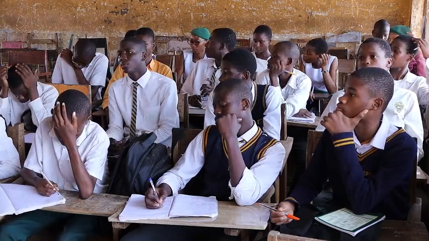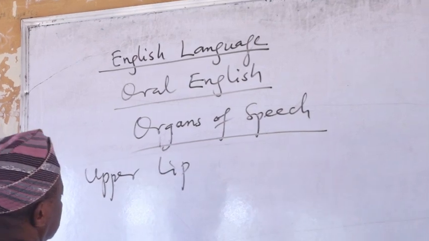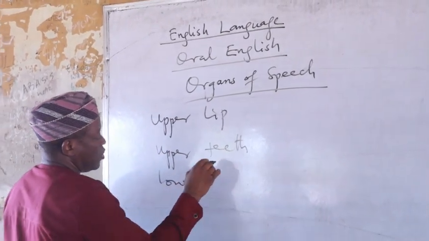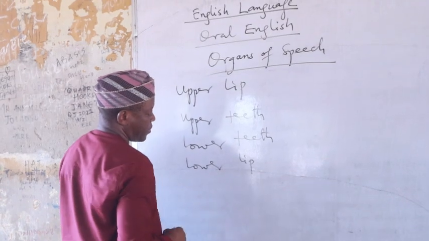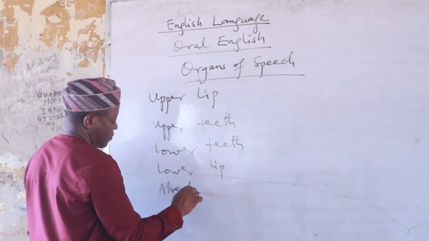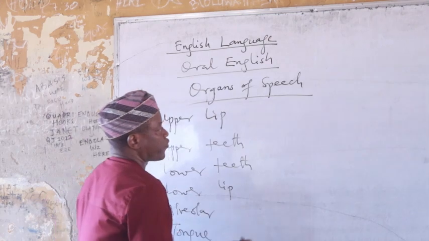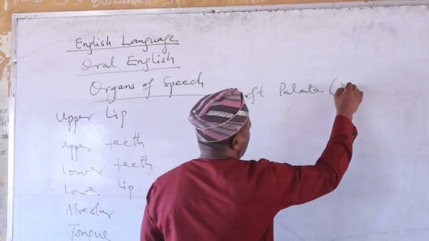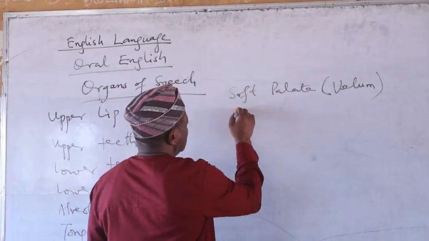For instance, you make use of your upper lip, upper teeth, lower teeth, lower lip, alveolar, the tongue, soft palate, also known as velum, then we talk about glottis.